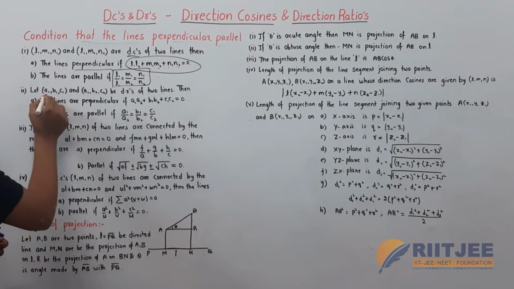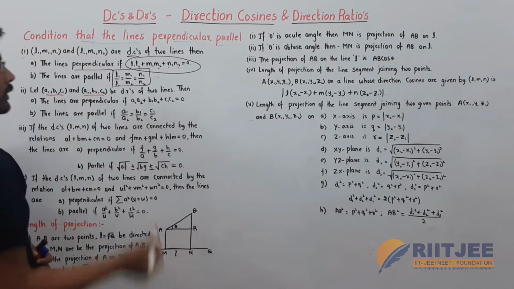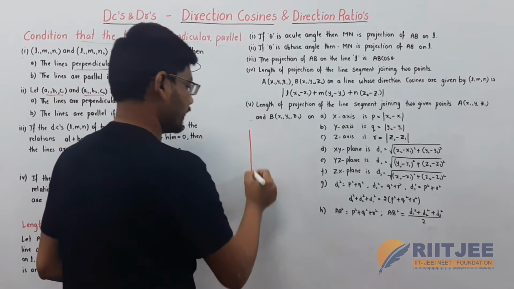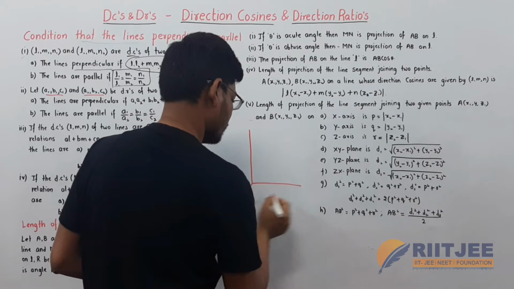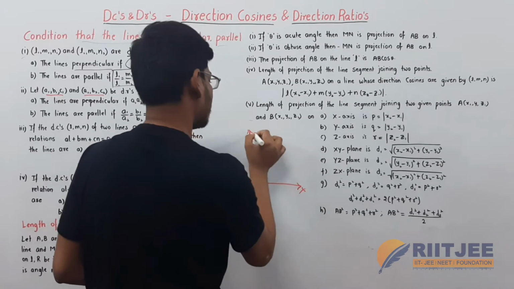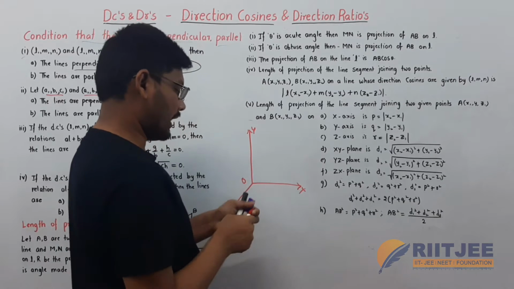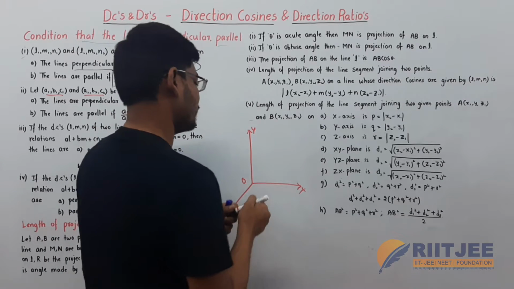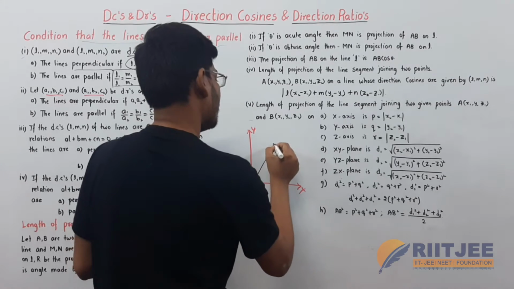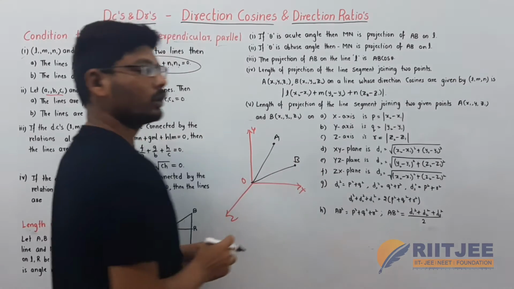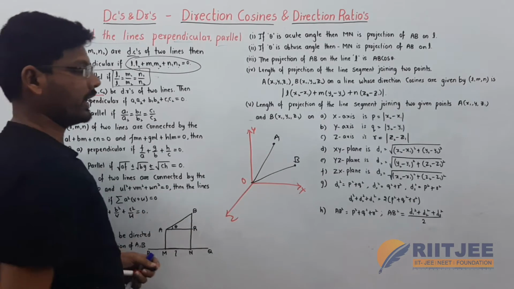Let a1, b1, c1 and a2, b2, c2 be direction ratios. Here I am taking a 3D coordinate system. This is the x axis, this is the y axis, this is the z axis, this is the origin 0, 0, 0, and here I am taking two lines, that is OA and OB.